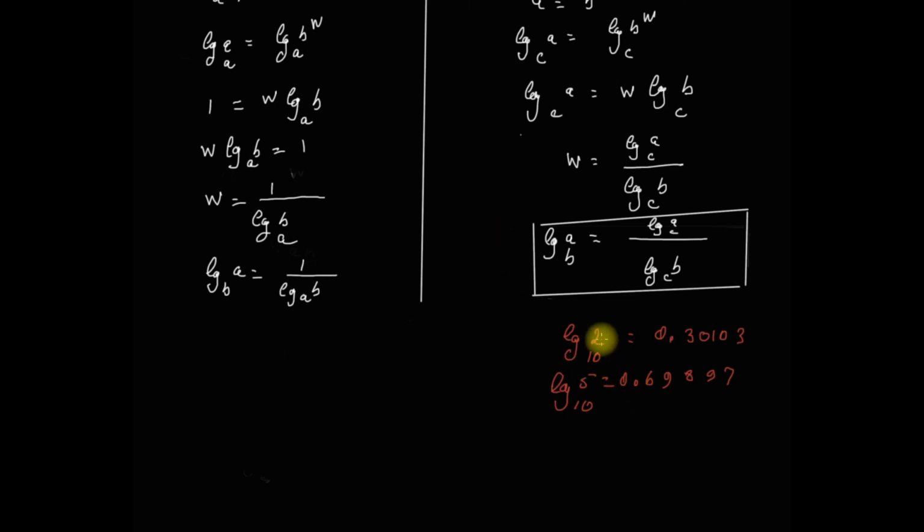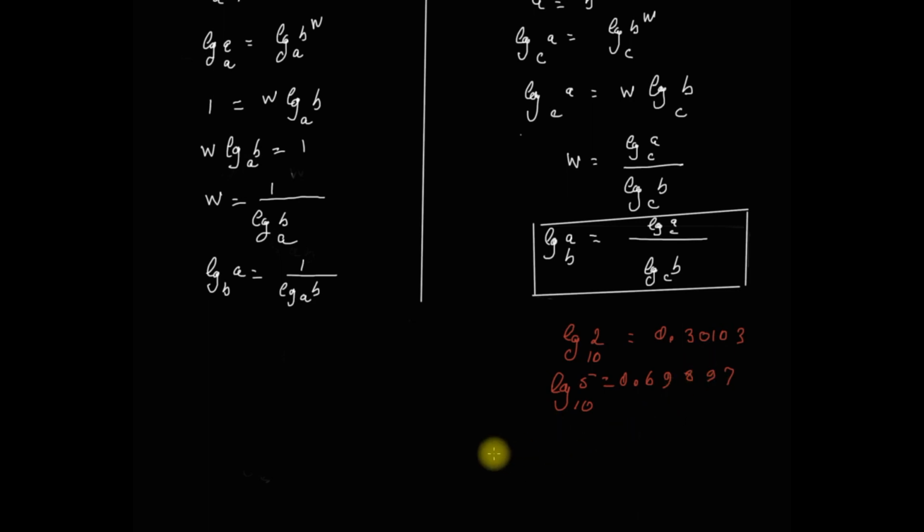But what we can do is use this change of base formula. I know that log base 10 of 2 is 0.30103, and log base 10 of 5 is 0.69897.